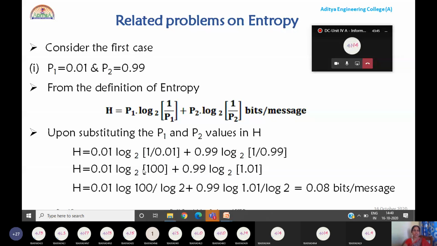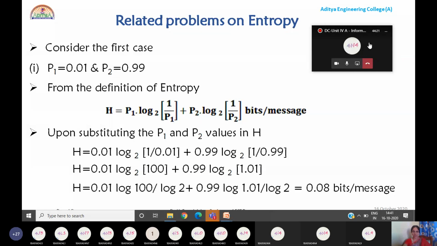I told you that log 100 base 2 we can write as log 100 by log 2, and log 1.01 base 2 we can write as log 1.01 by log 2. So I request one of the students to please solve the value of log 100 base 2, and tell me the entropy value for the first case.